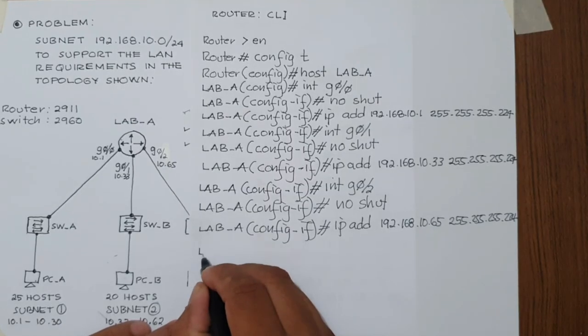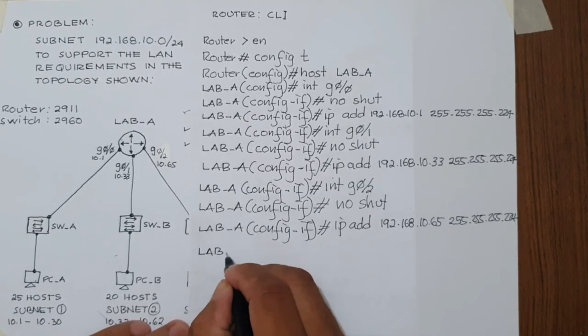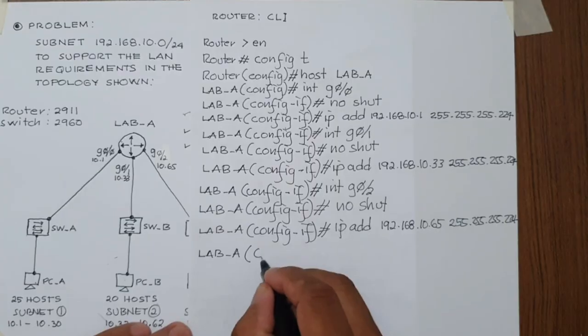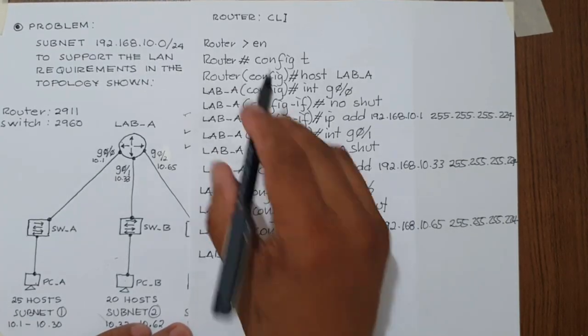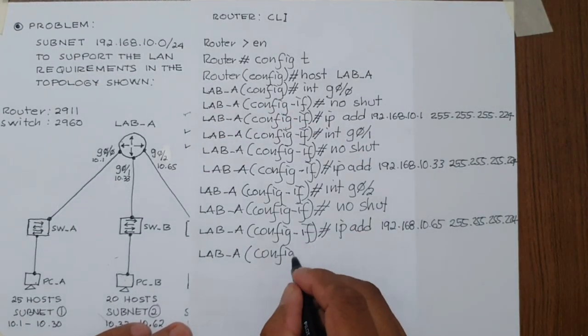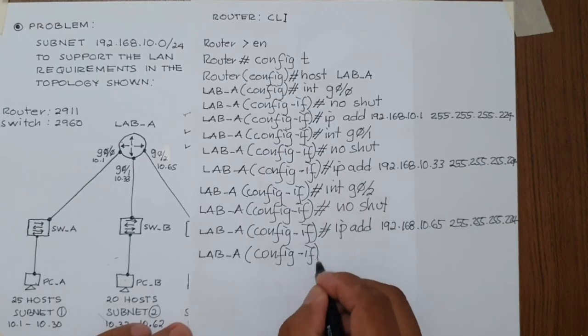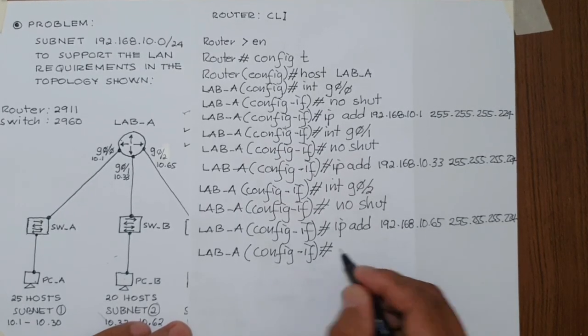So from the interface mode, we go back to the privilege mode here, which is the mode where we can save the configuration.